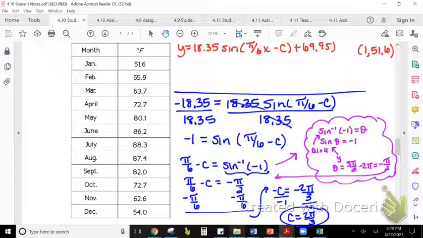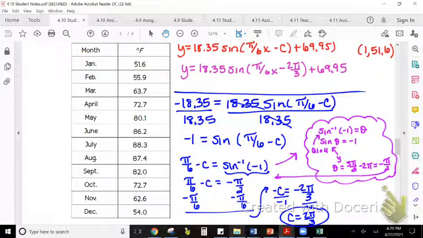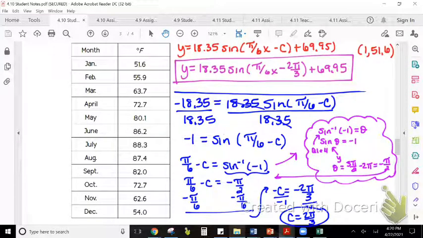All right, so our equation is now y equals 18.35, our a, sine, our b was pi over 6 x. Now, that minus c, our c was a positive 2 pi over 3, so we know in parentheses it's got to be a negative 2 pi over 3. And then plus 69.95. And so there is the equation that would give us the graph for those points.